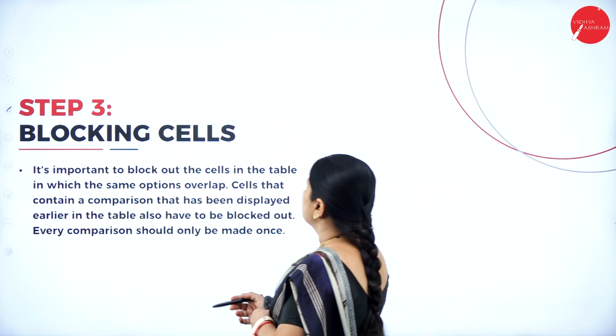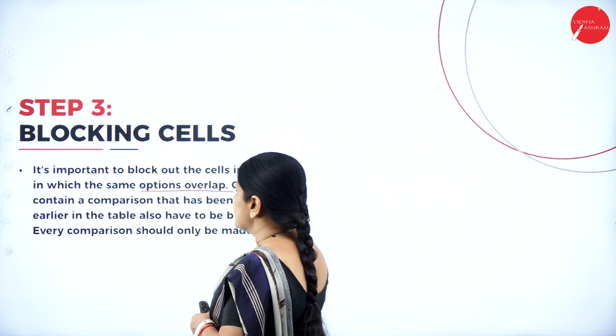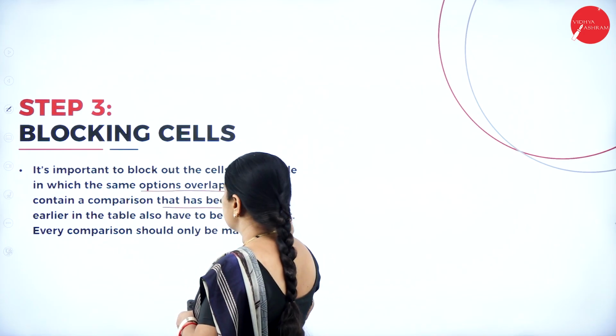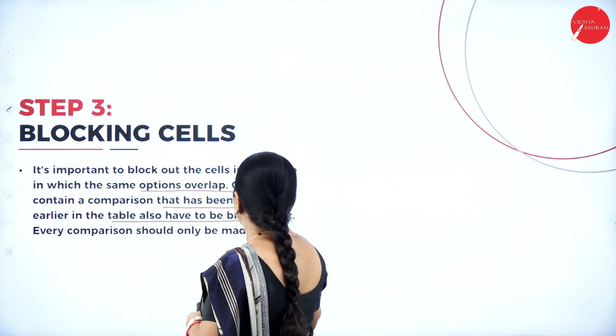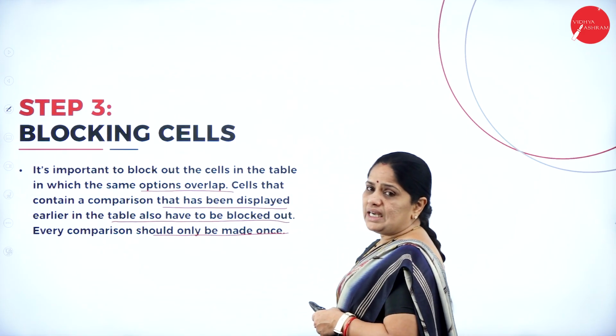Next is blocking the cells. It is important to block out the cells in the table in which the same options overlap. Cells that contain a comparison that has been displayed earlier in the table also have to be blocked out. Every comparison should be made only once.